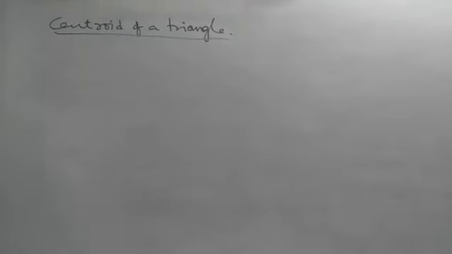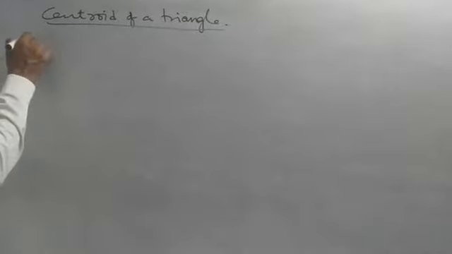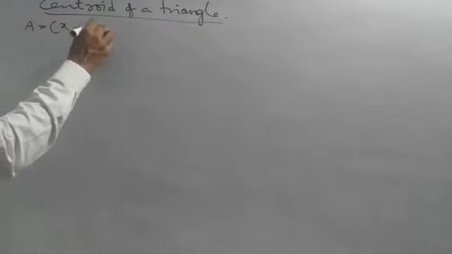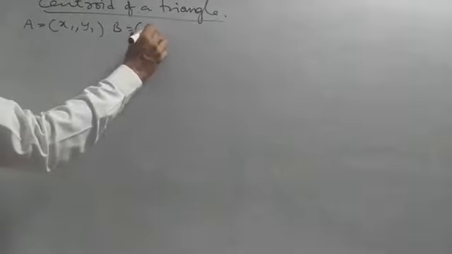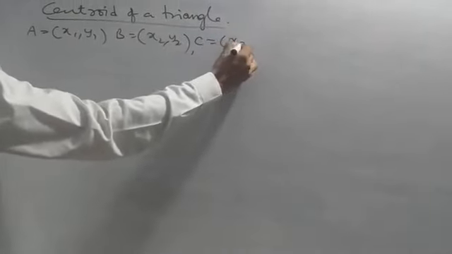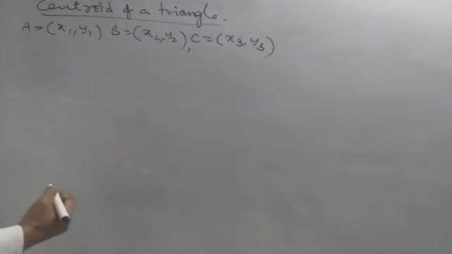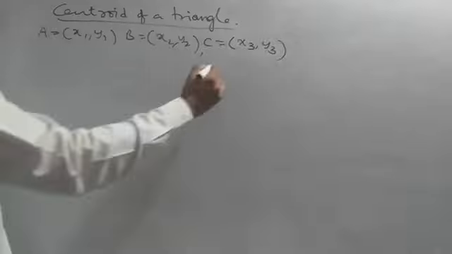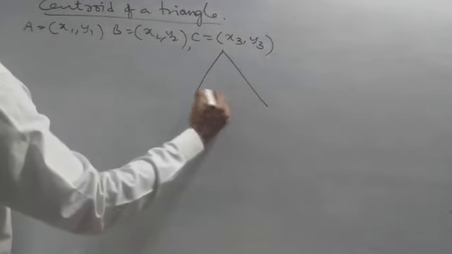Let us observe how to find the centroid of a triangle. Consider A equal to (x1, y1), B equal to (x2, y2), and C equal to (x3, y3). How will we find the centroid of the triangle ABC?